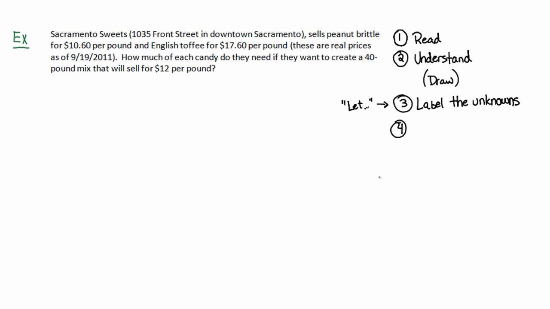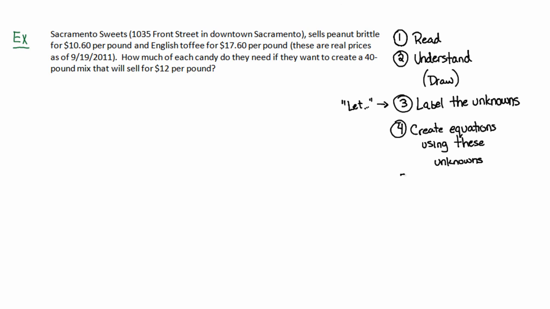The fourth step: you're either going to reread your problem, thinking about the variables that you've just labeled, or you're going to look at the picture you've drawn, thinking about the variables that you've used, and you're going to try to create equations using these variables. That's usually the hardest step for students. This is the prime step, but it's also very, very difficult for students.